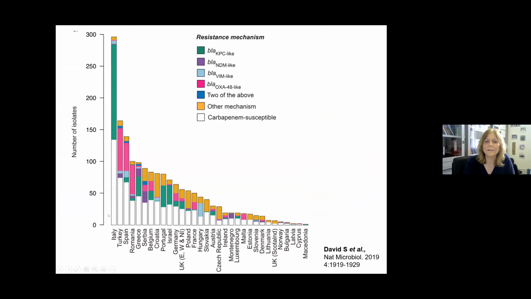Italy provided just one type. It means that we were really under an outbreak due only to KPC-producing strains. The other countries, you see, had more variable situations with different carbapenemases, with different mechanisms of resistance. We had practically one clone.